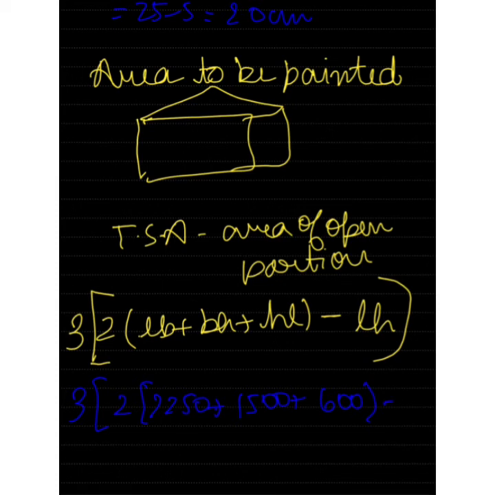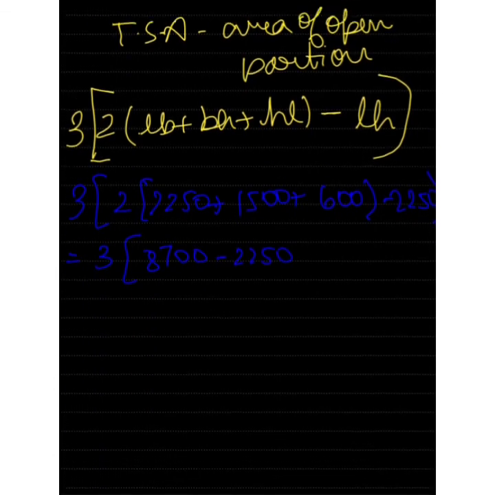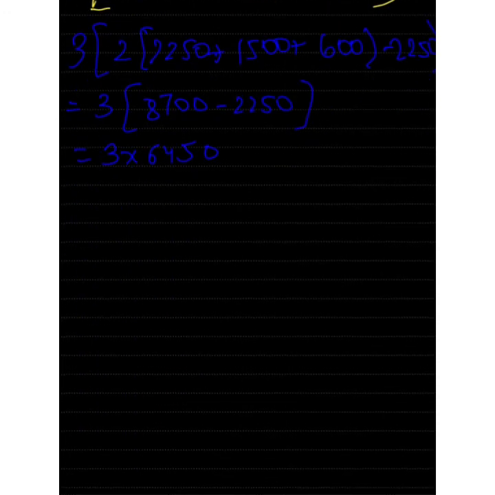Okay, minus height into length, that is 2250. Now thrice of 8700 minus 2250, is equal to thrice of 6450, and the answer will be equal to 19350 centimeters square. These are important.